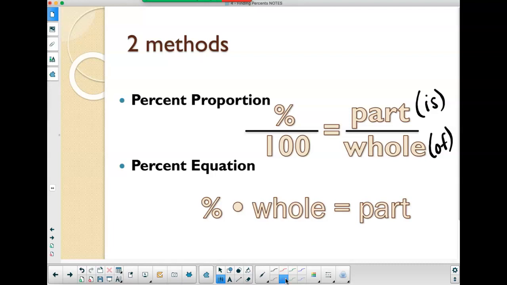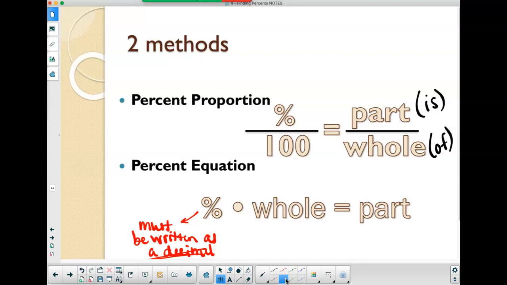The percent equation works really, really well. It's the same type of thing. It's the percent times the whole equals the part. But if we're going to use the percent equation, the percent must be written as a decimal. Write that down. The percent must be written as a decimal.